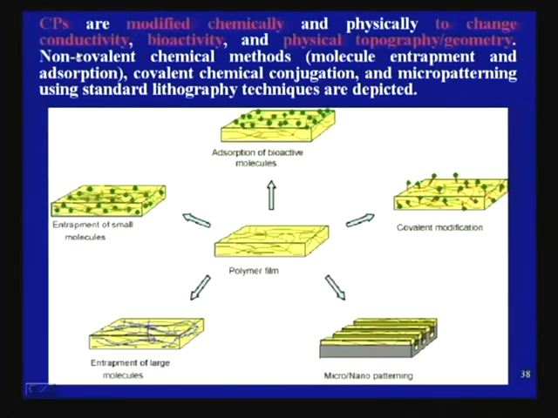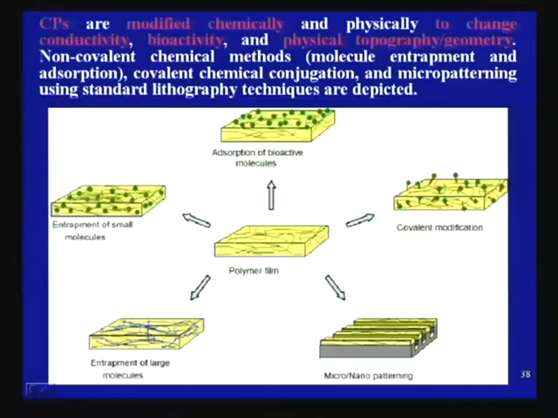Is it not visible here? Why are you looking back? I am reading, please listen. Conducting polymers are modified chemically and physically to change conductivity, bioactivity and physical topography, geometry.